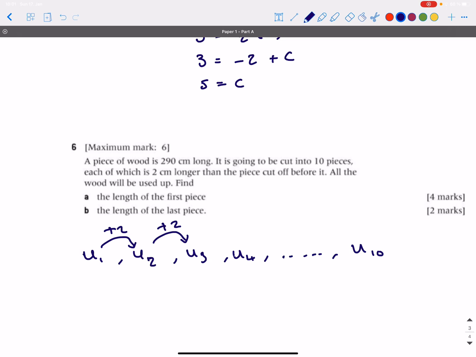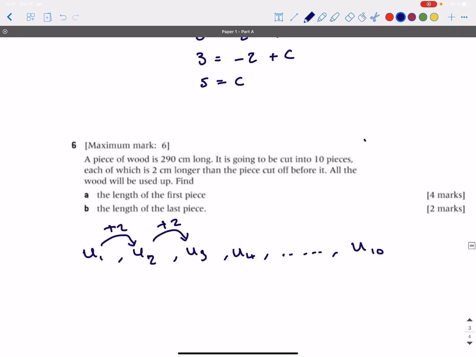So now I can see it's a question about arithmetic sequences. I know it's arithmetic because I'm adding on that 2 centimetres each time. I'm not multiplying it by 2 each time.